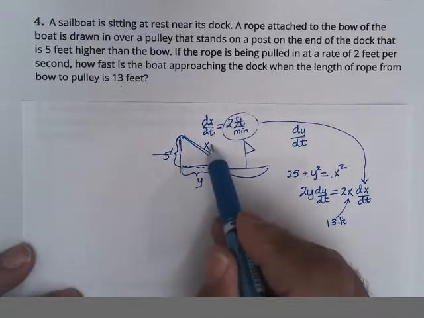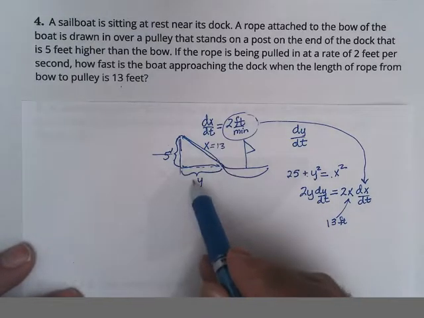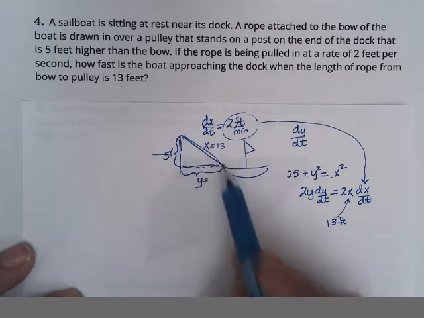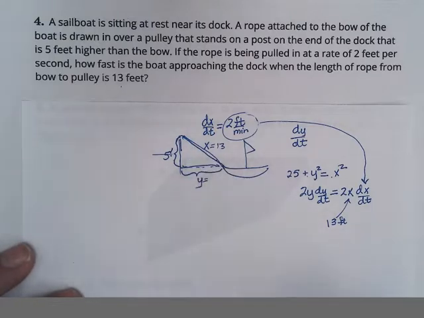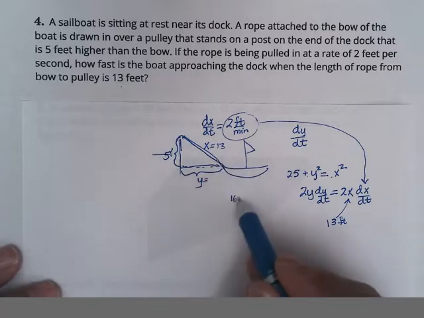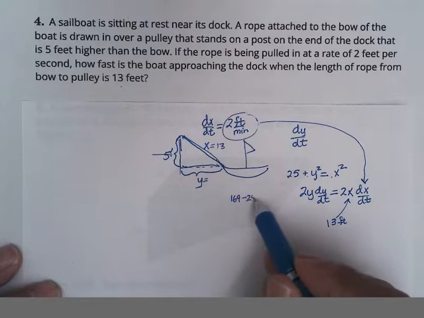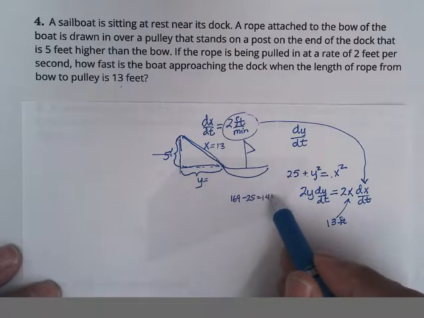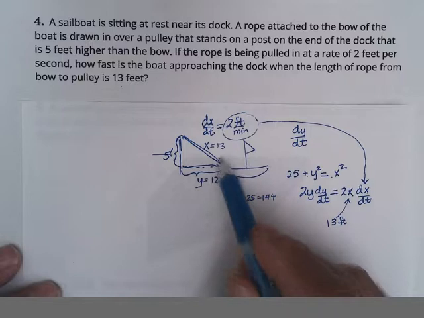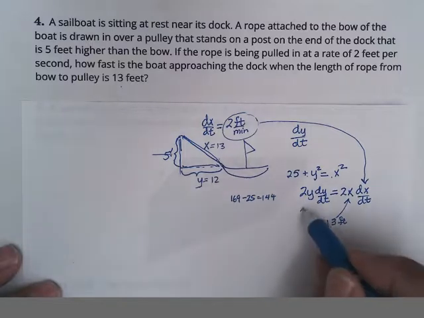So with x is 13 and this is 5, what would y be when this is 13 feet long? So we have to figure that specific time. 13 squared is 169, 5 squared is 25, so we take away the 25 and we get 144. So y would be 12 feet when this is 13 feet. So we're going to put 12 in there.